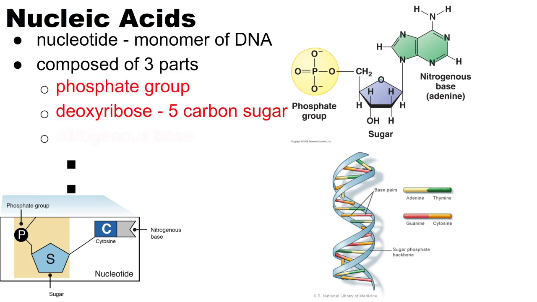Remember, it's made of a bunch of nucleotides, all bonded together. A nucleotide has three parts: the phosphate, the sugar, and then one of the bases. Remember, there's four bases in DNA: A, T, G, and C. Adenine, thymine, guanine, cytosine.